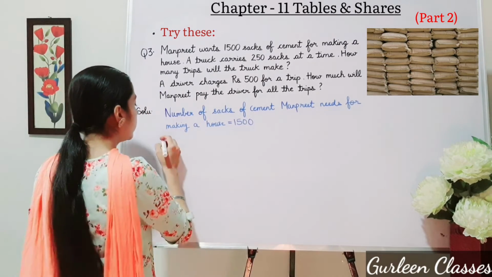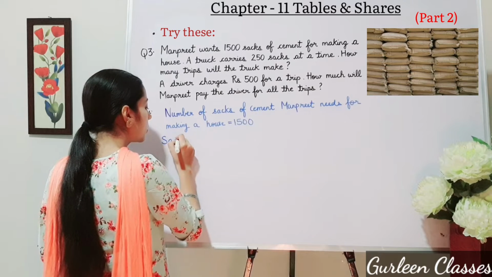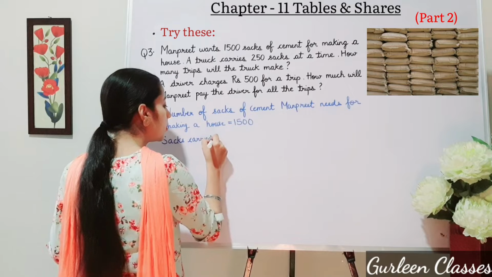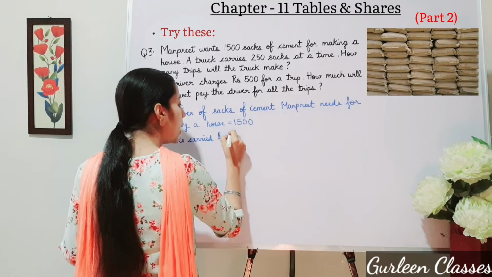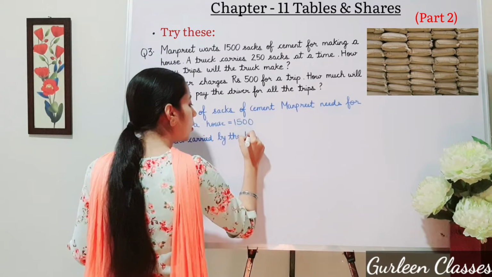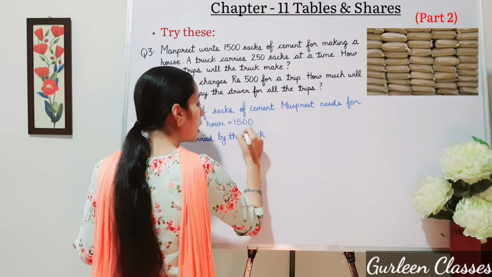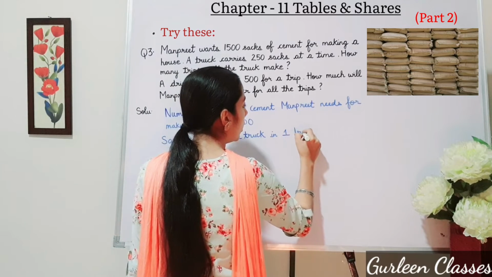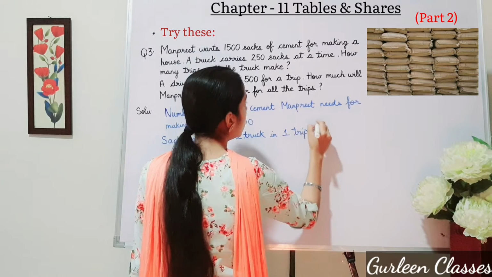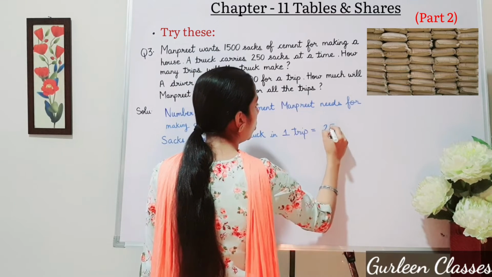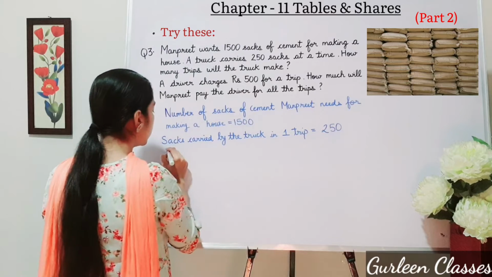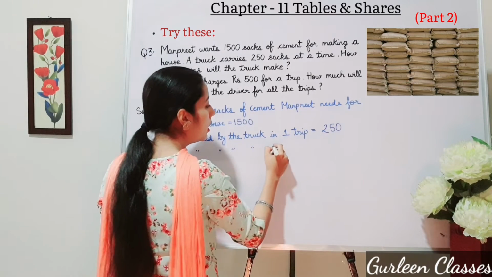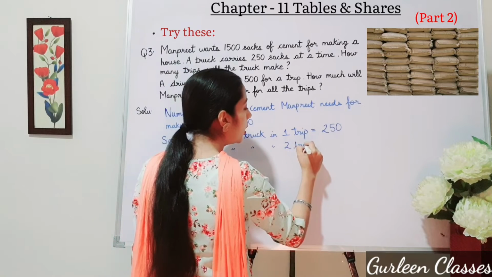So right here, sacks carried by the truck in one trip is equal to 250. Then write here sacks carried by the truck in 2 trips.